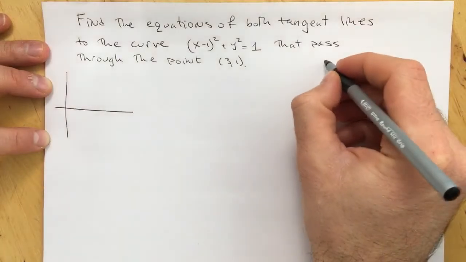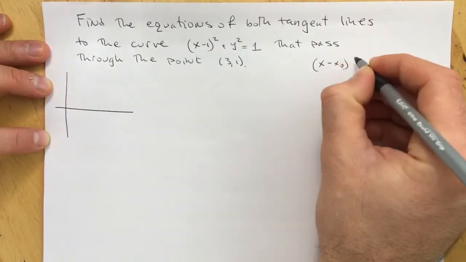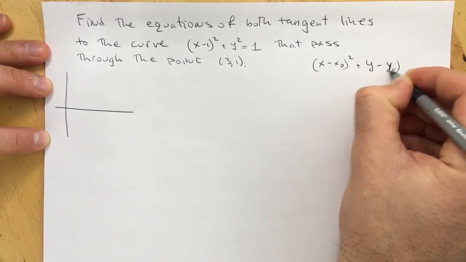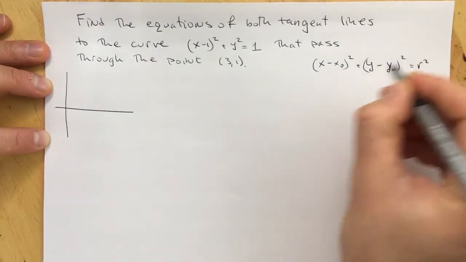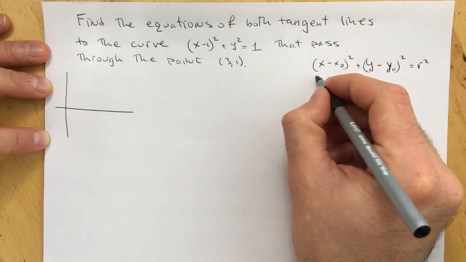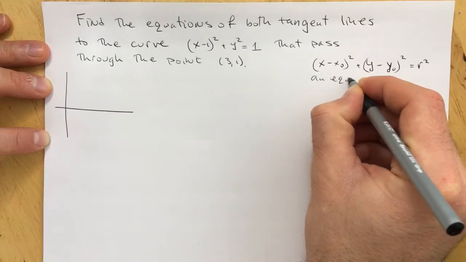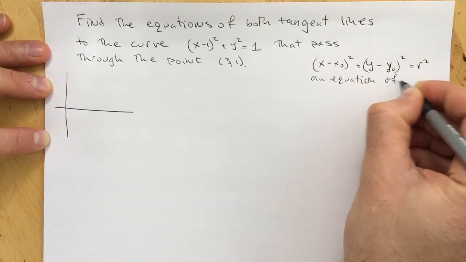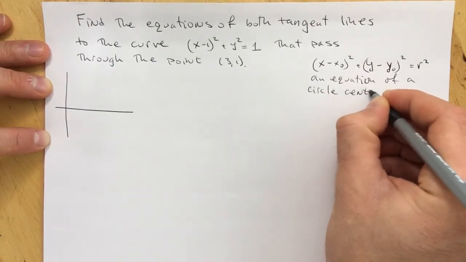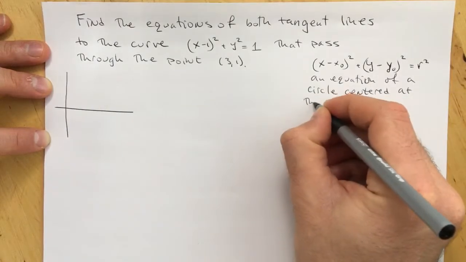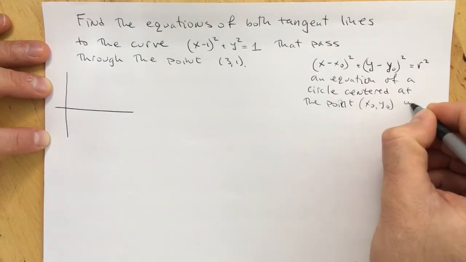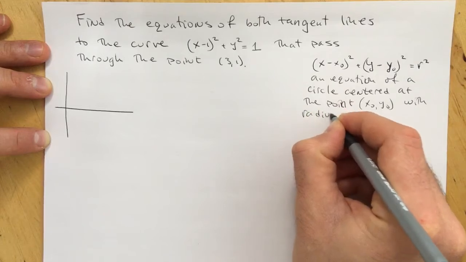The equation (x − x₀)² + (y − y₀)² = r² is an equation of a circle centered at the point (x₀, y₀) with radius r.